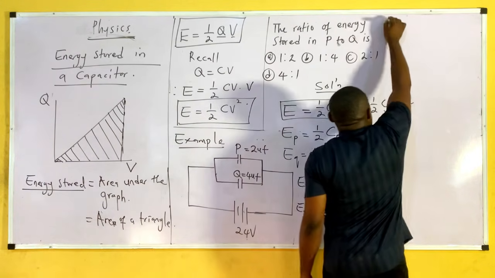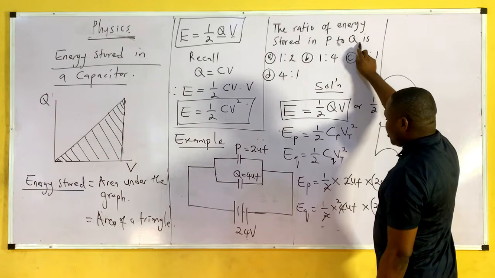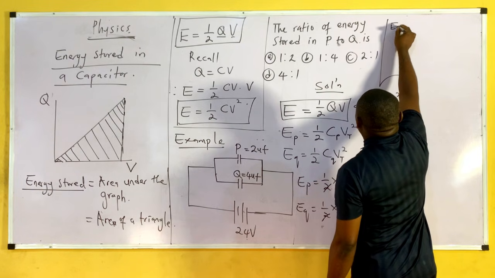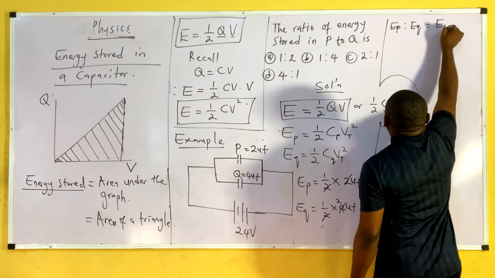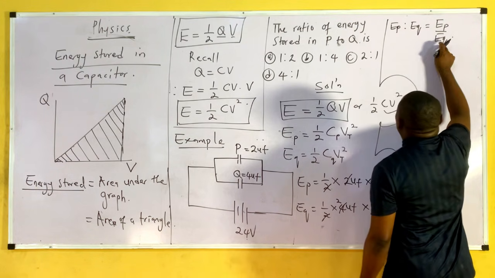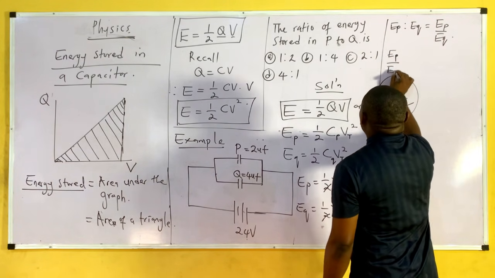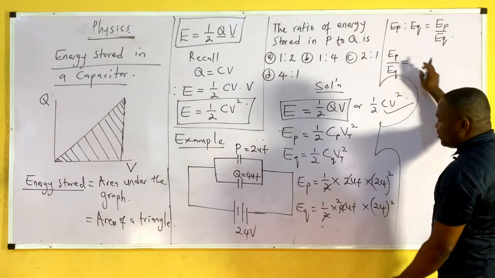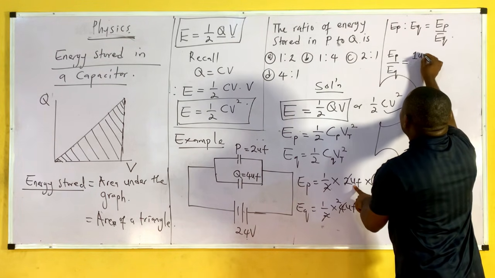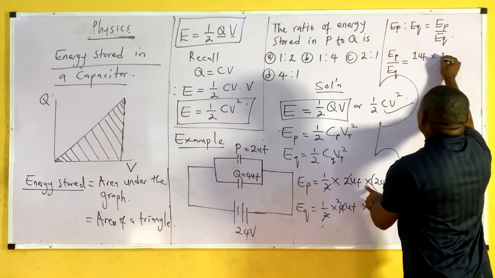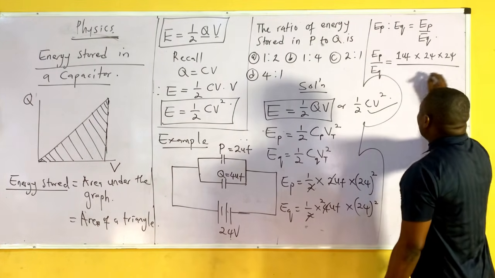So what is my question? It asks for the ratio of P to Q. So I'm looking for EP ratio EQ, which equals EP over EQ. Take note of that, that's what it means. So EP over EQ is equal to, what's my EP? I have 1 microfarad times 24 times 24, that's 24 squared, over, what about here?